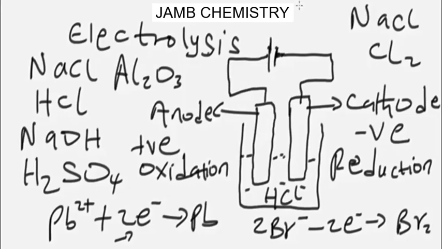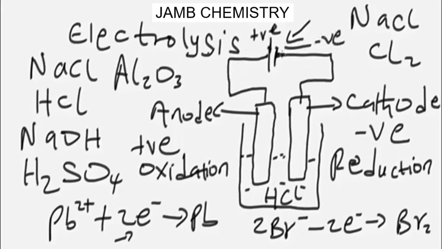One more thing, note that if you are drawing an electrolytic cell, always include the DC power supply, which is the battery. For instance, in this electrolytic cell of hydrochloric acid we use as illustration, this is the DC power supply. This is the positive terminal, whereas this is the negative terminal.